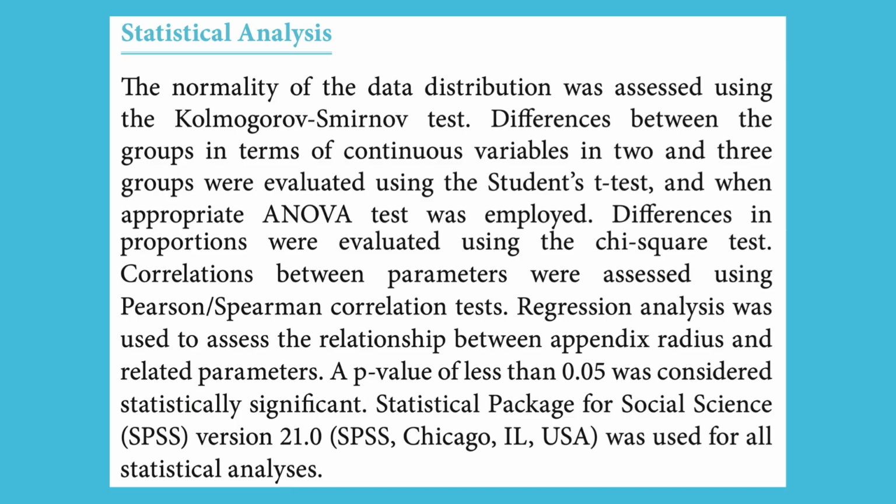Correlations between parameters were assessed using Pearson/Spearman correlation tests. Regression analysis was used to assess the relationship between appendix radius and related parameters. A p-value of less than 0.05 was considered statistically significant. Statistical Package for Social Science, SPSS, version 21.0 was used for all statistical analyses.